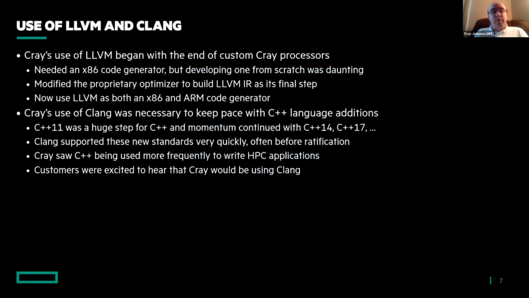So why did that happen, right? I showed you the evolution of how the architecture changed over a number of years there. And so one obvious question that you might want to ask me is, well, why did you guys do that? Why did you change? Well, the use of LLVM really began when Cray custom processors ended.